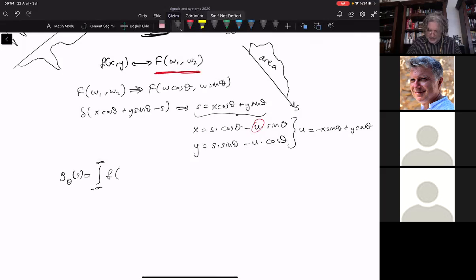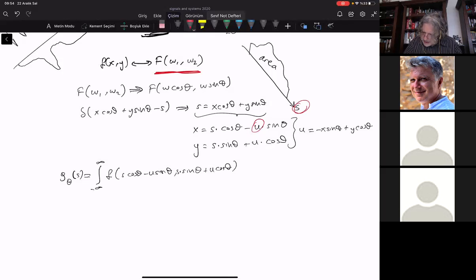F of x, which was s cosine theta minus u sine theta, s times sine theta plus u cosine theta, and oh no, this is not s, excuse me, I have made a mistake.